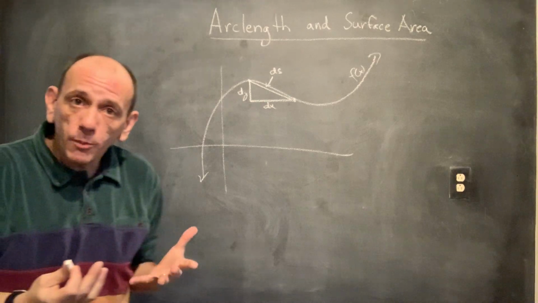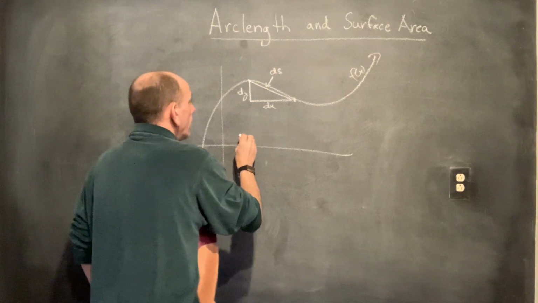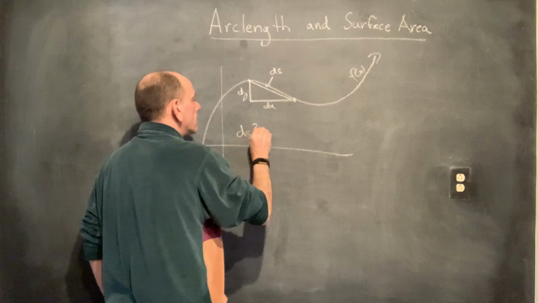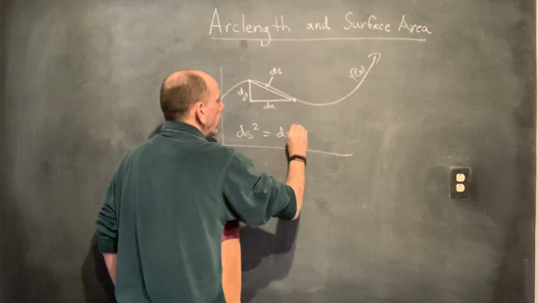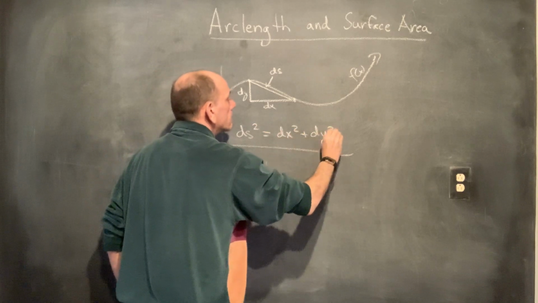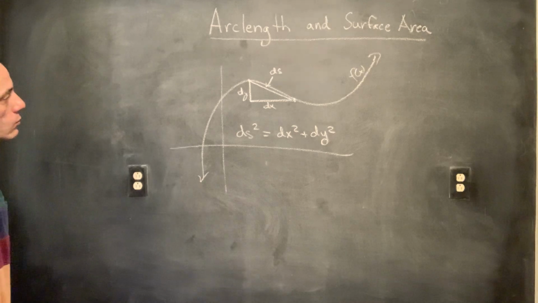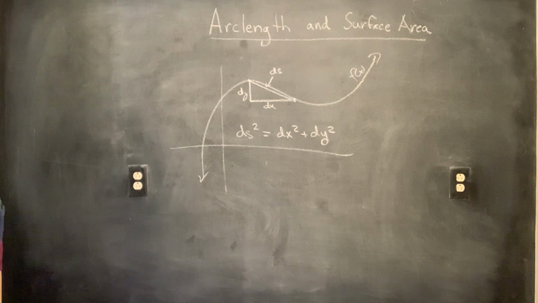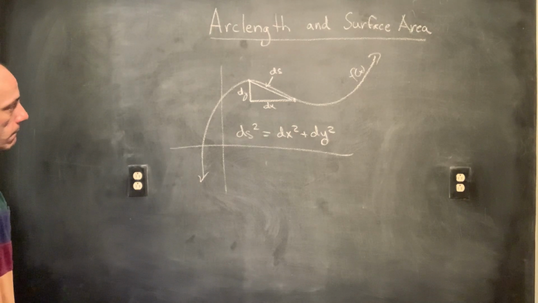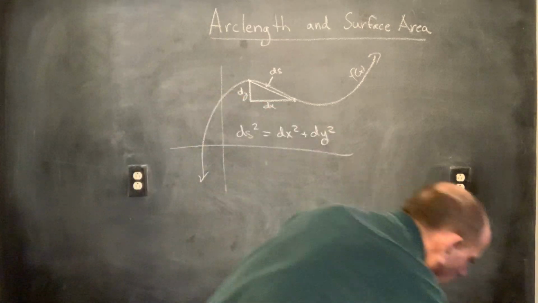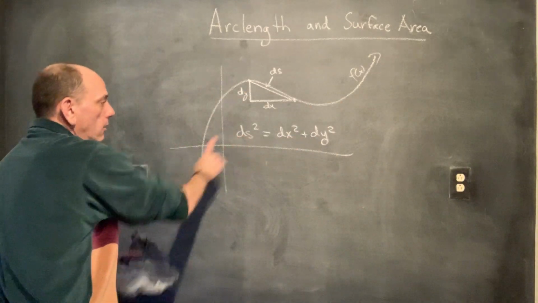Okay, so simple Pythagorean theorem tells us that ds squared is dx squared plus dy squared. a squared plus b squared is c squared, yeah? So this is getting me close.